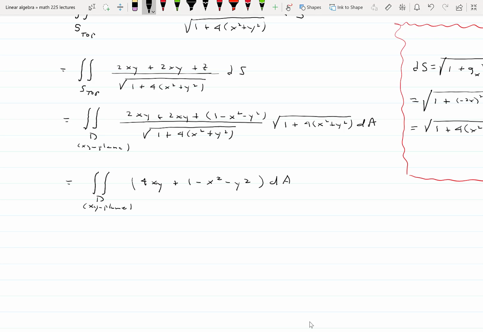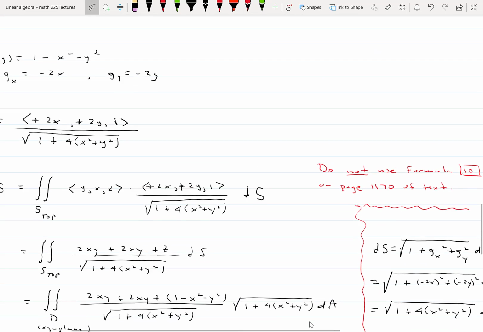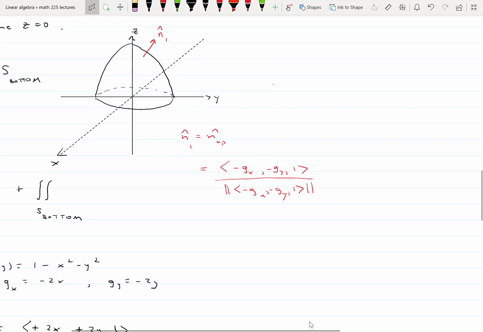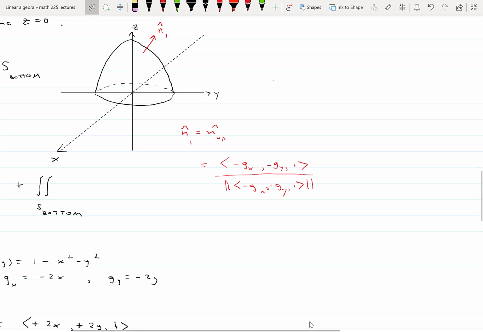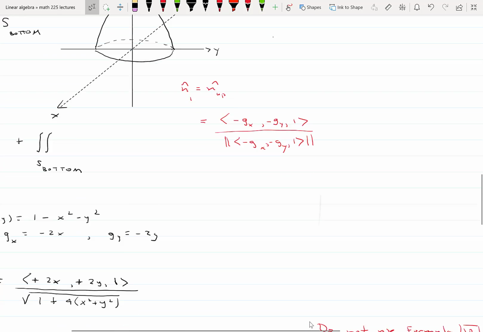I said rectangular, but I think we're going to go ahead and go to polar here. The suggestion for polar is given to us in this integrand. It has x squared plus y squared in it, and also the region in the xy plane over which we're integrating is a circle. It's a unit circle.